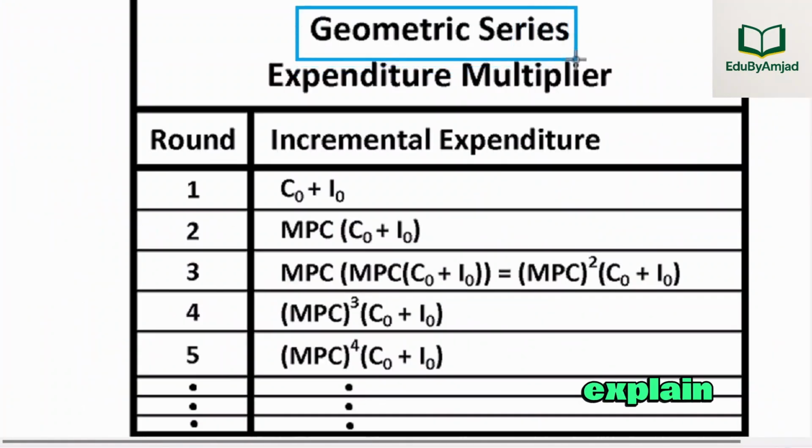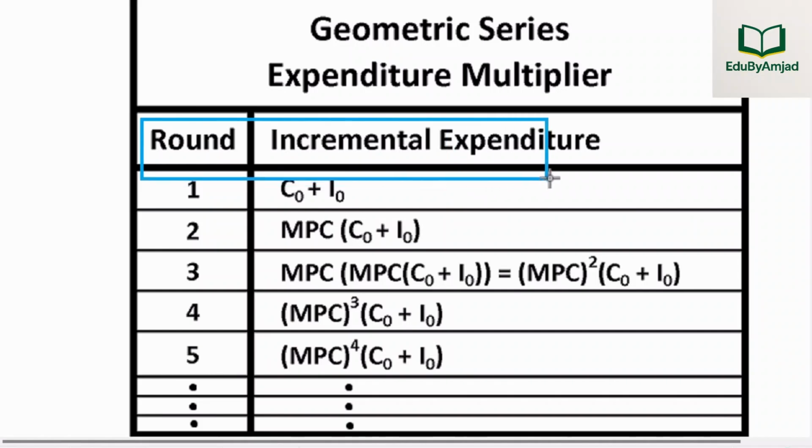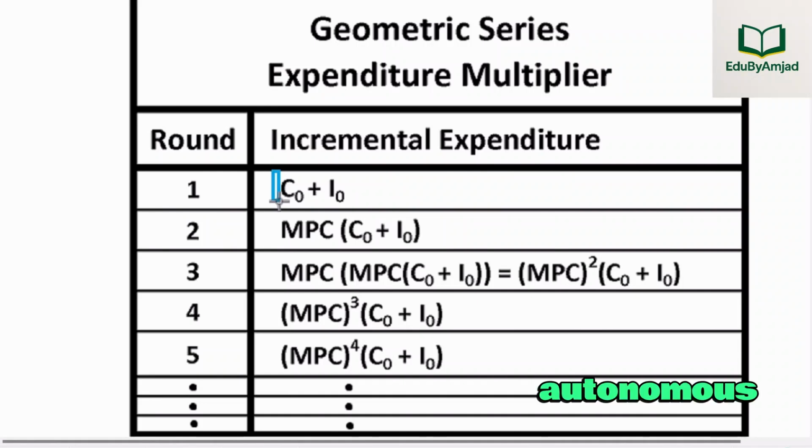We can further explain the rounds of the multiplier's ripple effect using a mathematical idea known as a geometric series. This table shows the rounds of that geometric series for incremental expenditure. Autonomous spending, made up of autonomous consumption and autonomous investment, is injected in the first round. In the second round, households again spend the MPC fraction of the previous round's income.